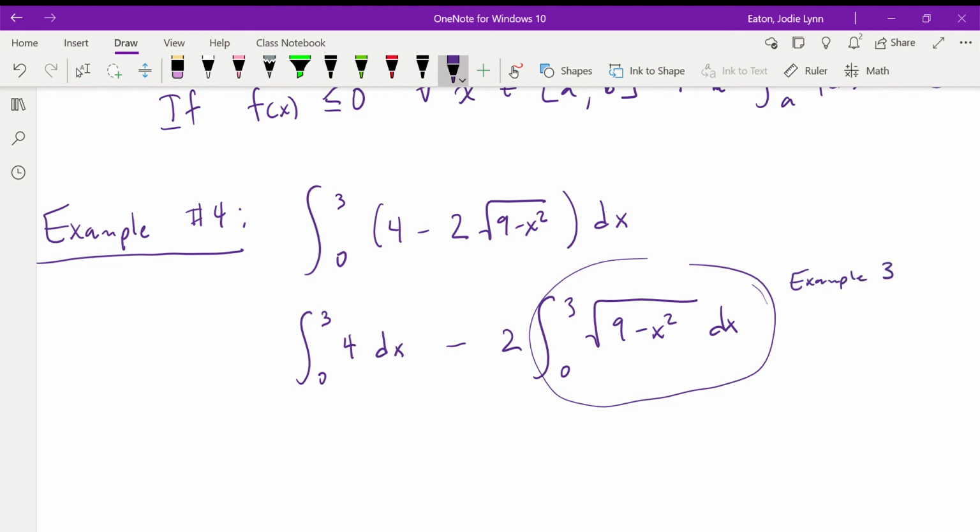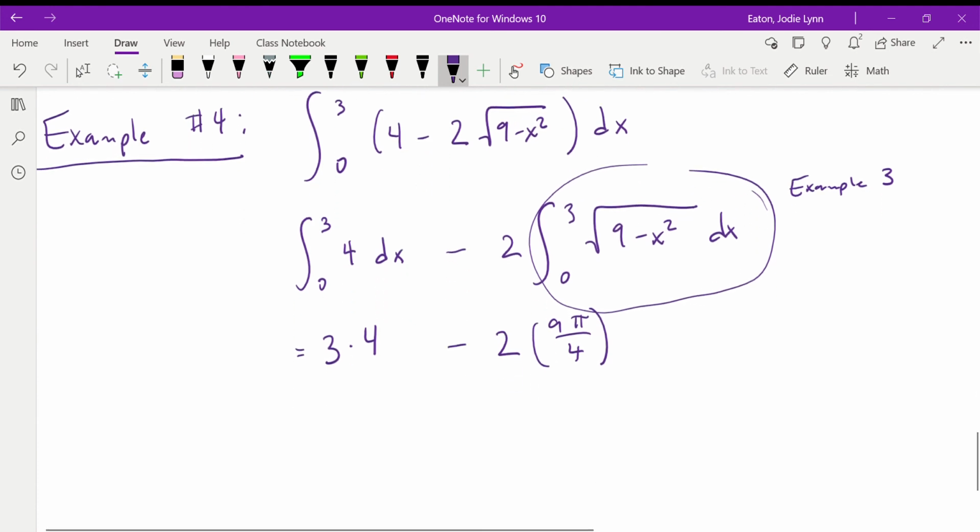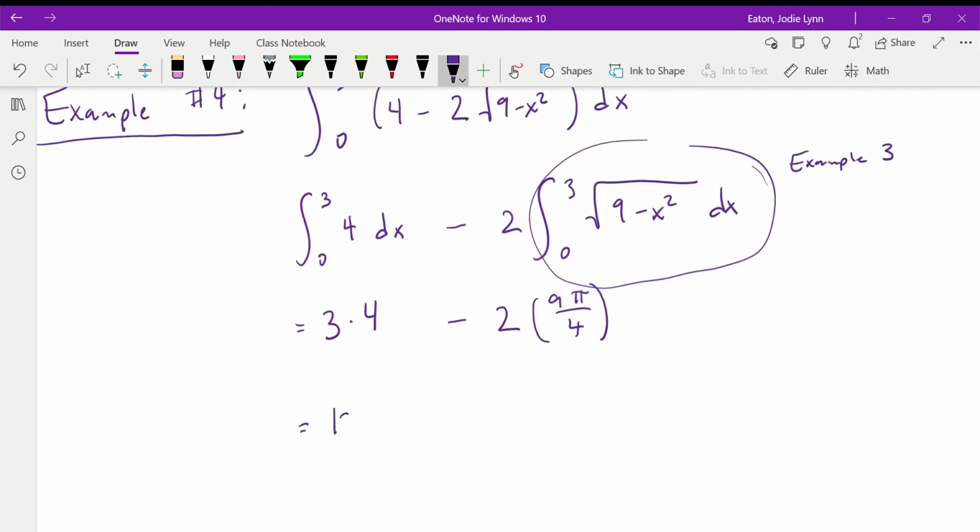We could draw a diagram, but we don't actually need to. From 0 to 3, 4 is just a rectangle with a height of 4 and a base of 3. So this is equal to 3 times 4 minus 2 times 9 pi over 4, which equals 12 minus 9 pi over 2.